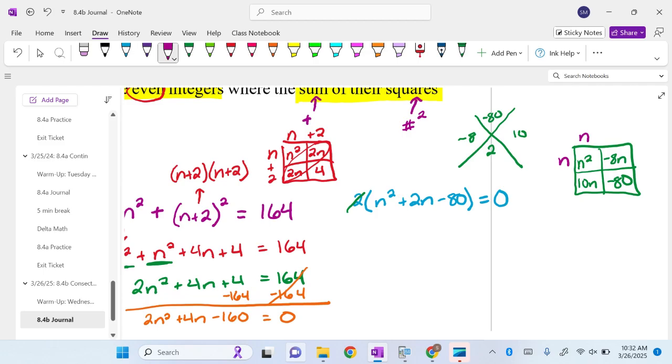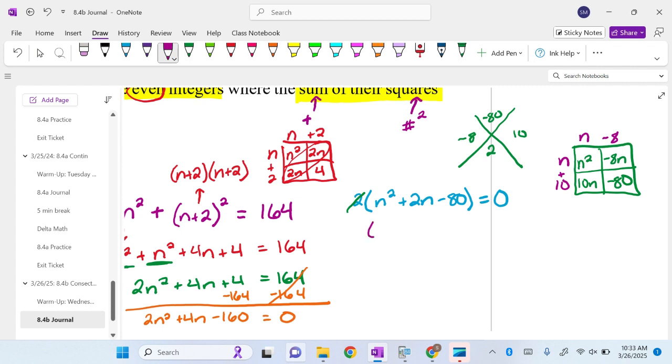So what times what gives me n squared? N and n. And it doesn't matter where I put them because they're the exact same thing. What times n gives me negative 8n? Negative 8, so I'll write minus 8 over the negative 8n. What times n gives me 10n? 10, so I'll write a plus 10 next to the 10n.